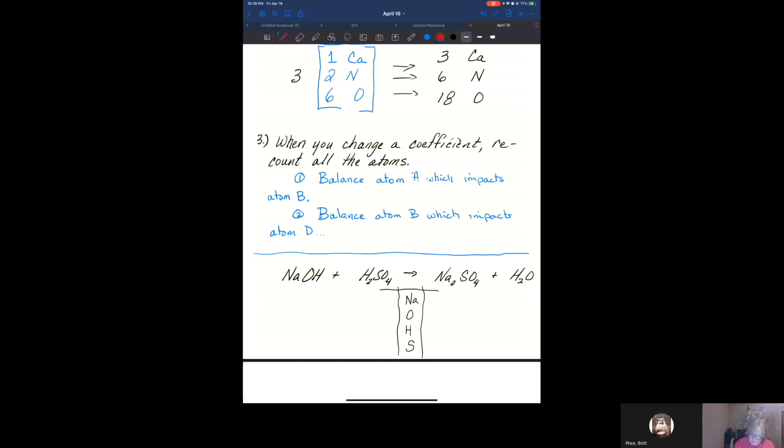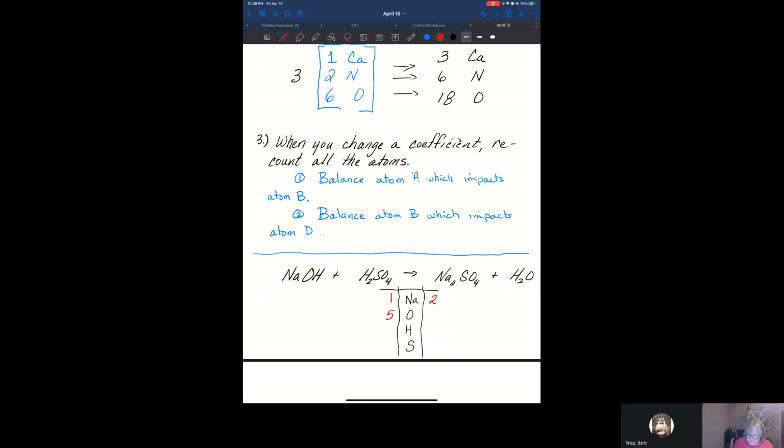So now let's see. Sodium hydroxide, there's just a single sodium, and on the product side, Na2SO4, there's two of them. Oxygen, I have oxygen showing up. There's one here and 4 there. I think I have 5.